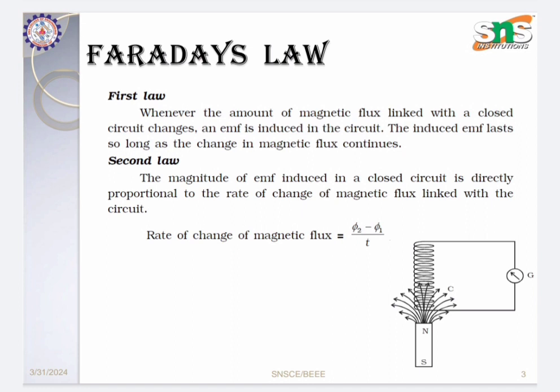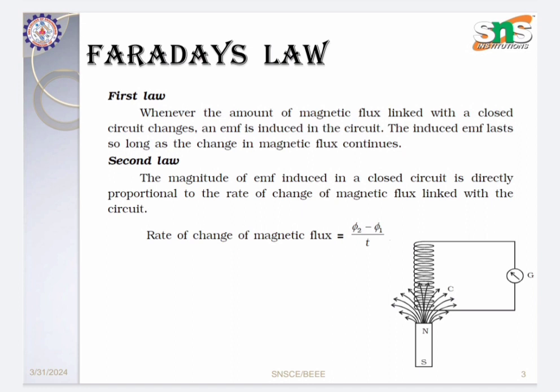Generally, we can say that the rate of change of magnetic flux is represented as (phi 2 minus phi 1) divided by t. Here, as the diagram represents, you can see a galvanometer which is going to show the deflection, and there is a magnet and a coil associated with it.